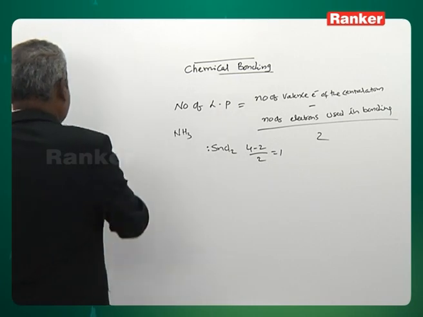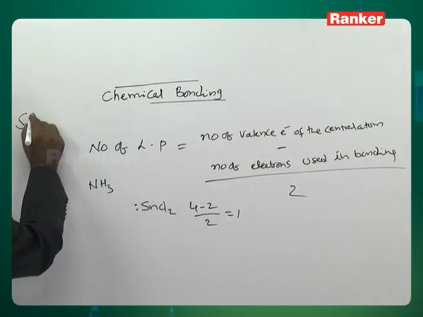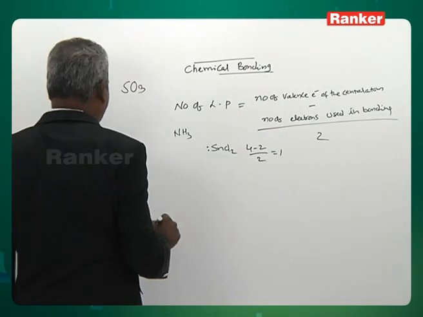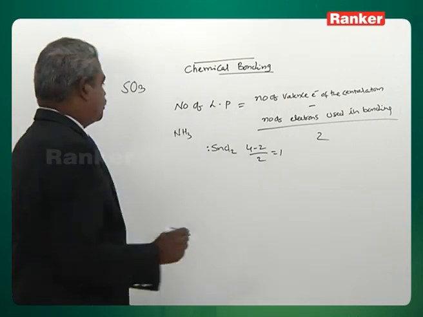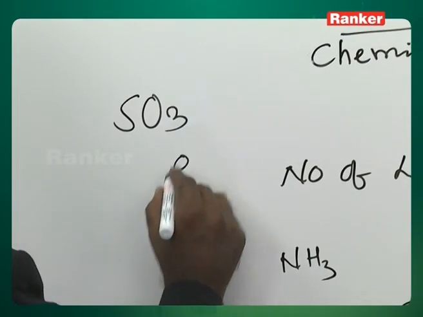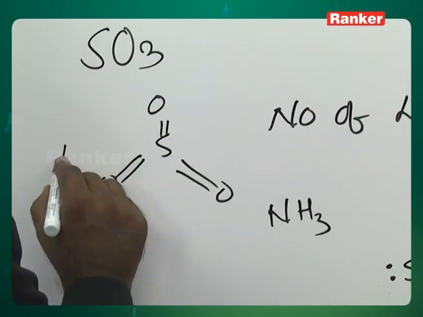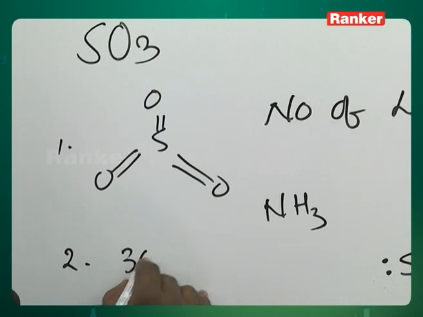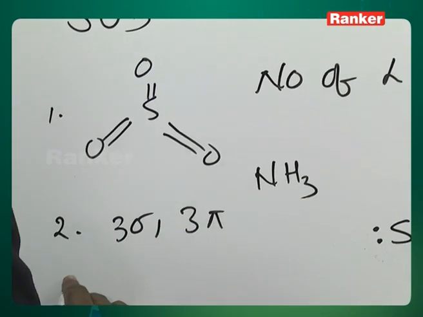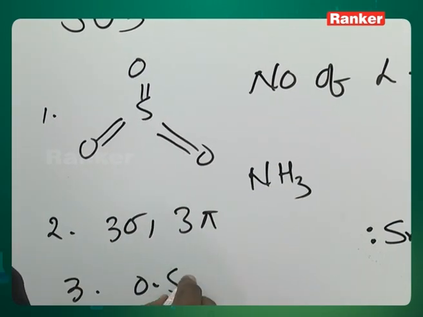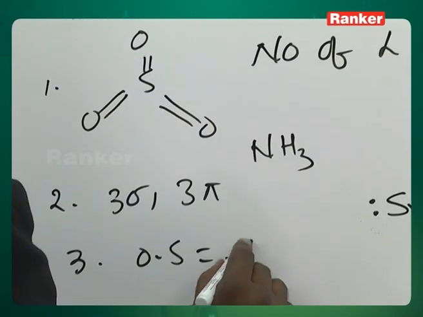Okay? For example, find out everything about SO3, everything you know. SO3, 1 sulfur, 3 oxygens, like this. So what is it you know? 1 sulfur, 3 sigma bonds, 3 pi bonds. Then oxidation state of sulfur is equal to +6.